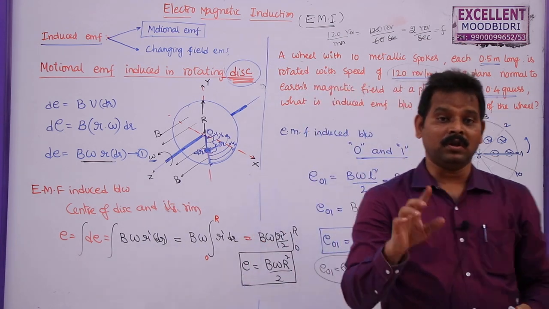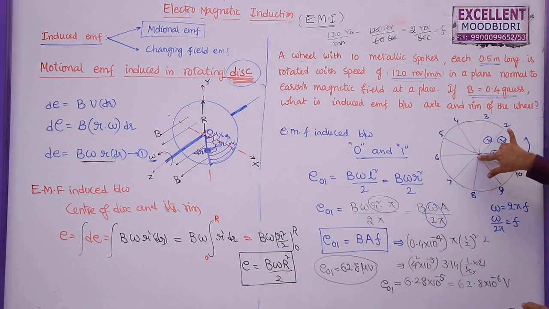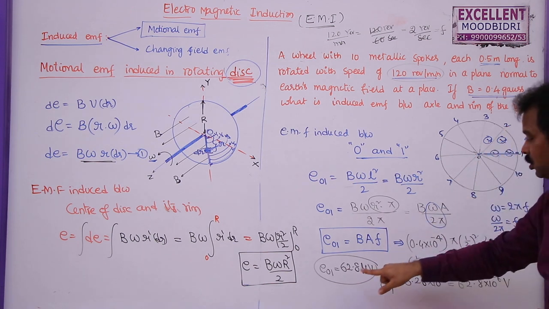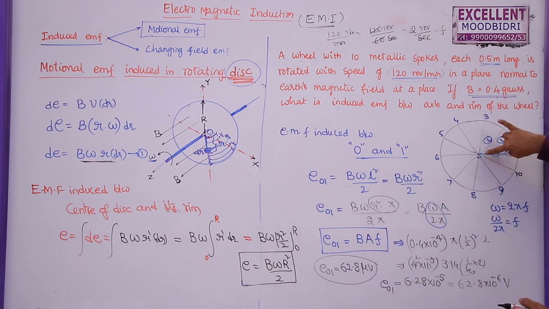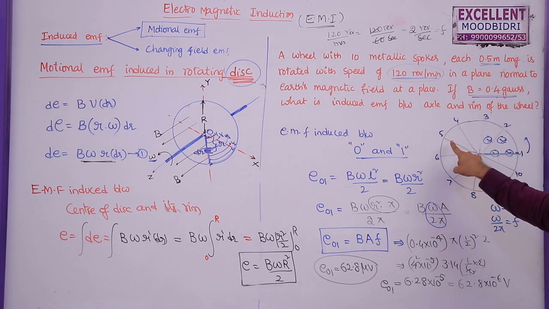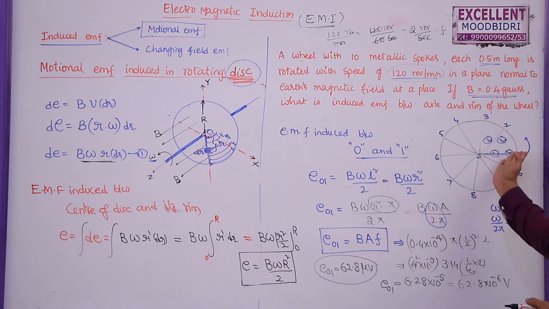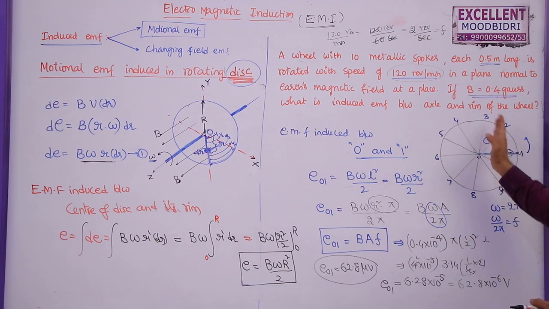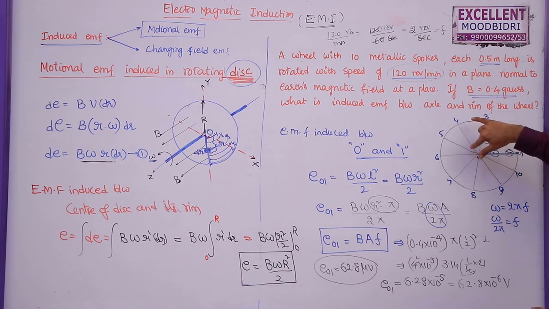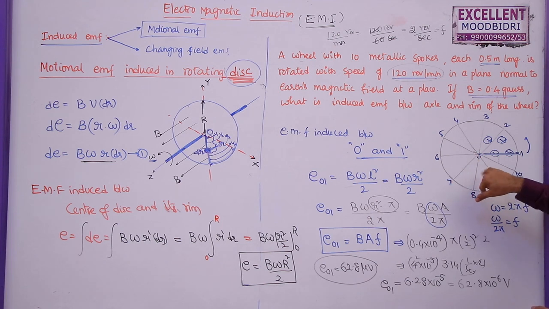This is the potential difference between 0 and 1. But what is the potential difference between 0 and 2? That is also 62.8 microvolts. Between 0 and 3, 62.8 microvolts. Between these two also 62.8 microvolts. Between 0 and 5, all these rods are connected parallel to each other. So potential difference between the two ends of any one rod is equal to the potential difference between the ends of any other rod.